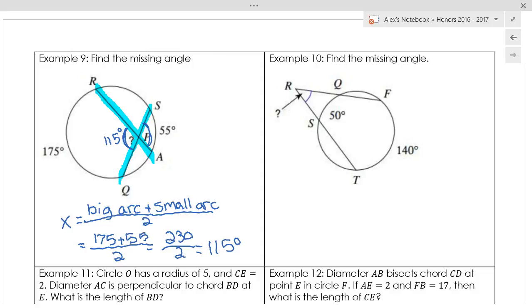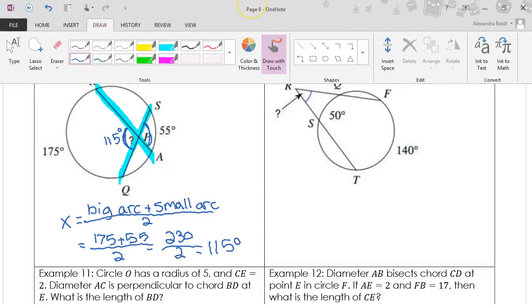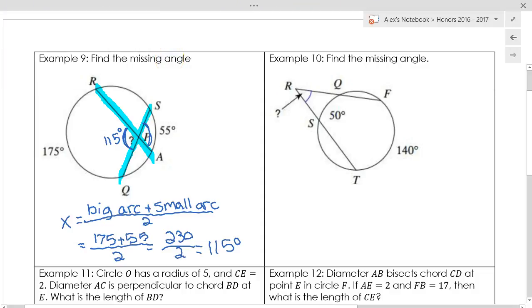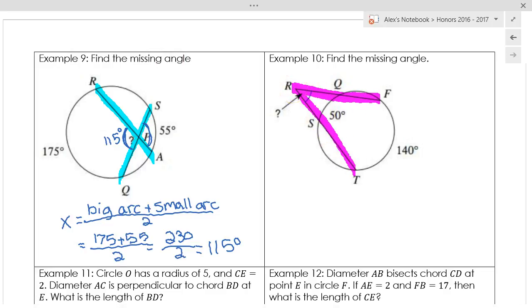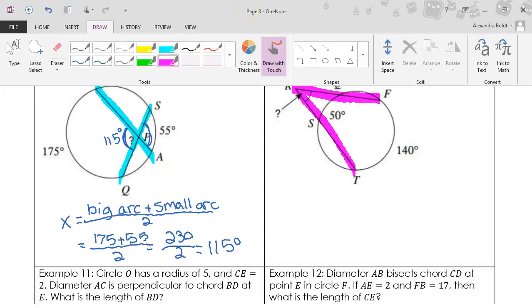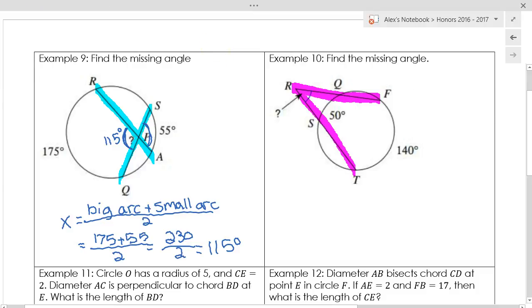For your secant, over here, now I don't have 2 chords, I have 2 secants because they meet at a point outside the circle. They don't cross in the circle. They meet at a point outside the circle. So these are actually called secant lines. To find this angle, it's similar to example 9, with one small difference.